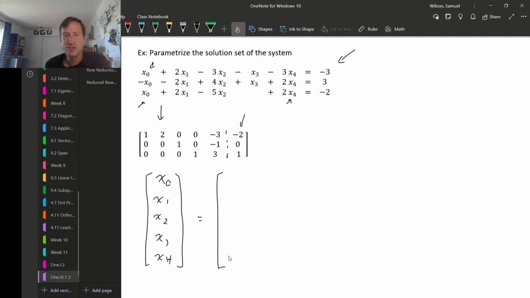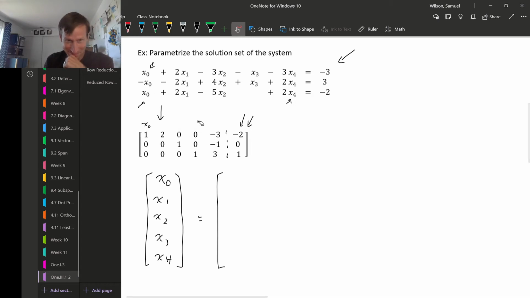So first, let's do our vector of constants. Now remember, for non-free variables, the entry in this constant vector comes from the right-hand side after row reduction, the augmented column. So that's for x0, x1, and x3. Or sorry, x2. That's not right.